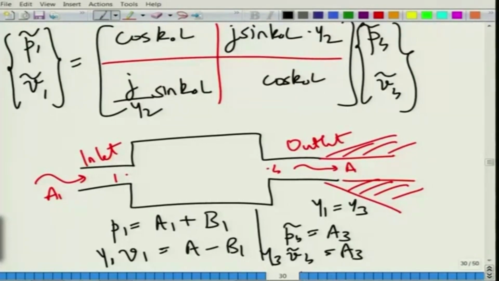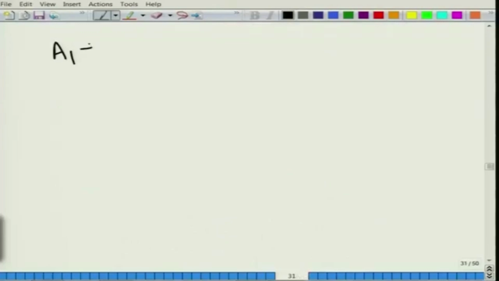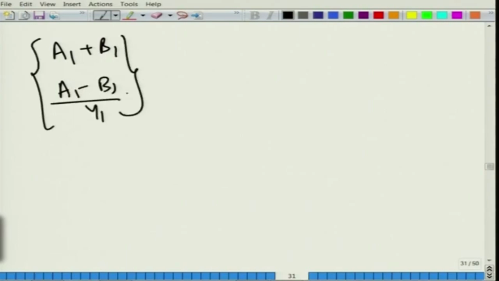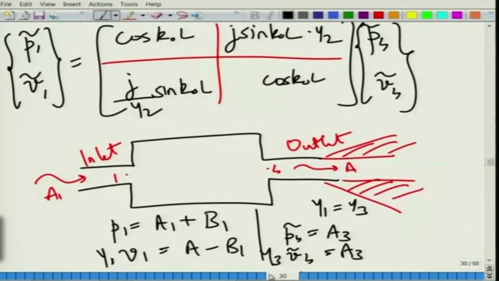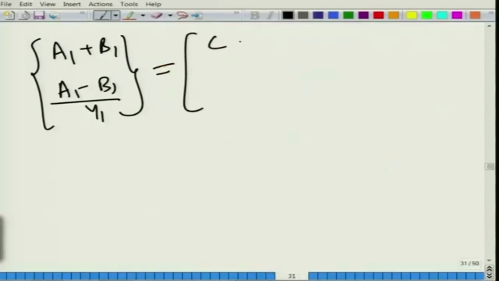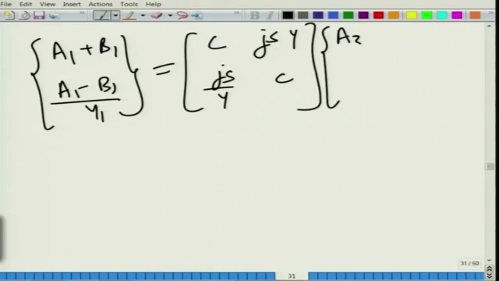We will put those things in here and proceed further. So, A1 minus B1 by Y1 is equal to the matrix cos, j sin, j sin by Y, cos, times A3 by Y3. This is what we are going to get, assuming anechoic termination, of course.